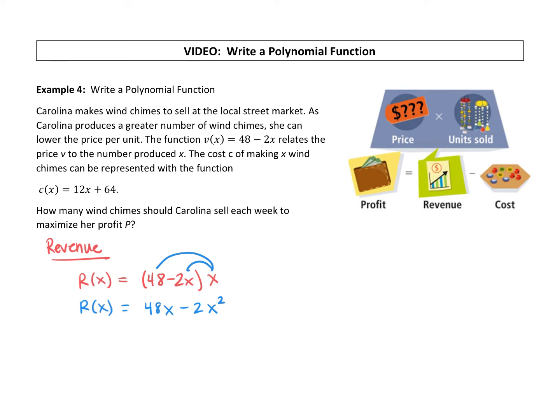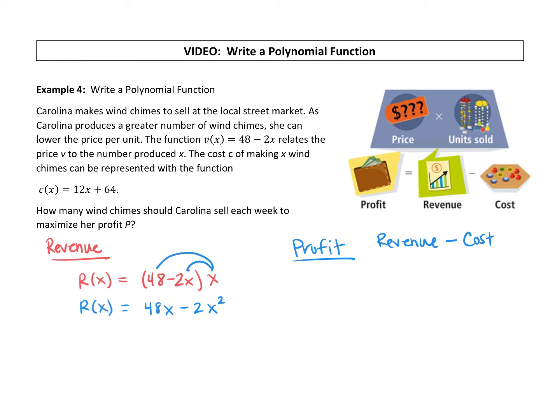So profit is when you take the revenue, the money she brings in, the income, but you have to subtract out her cost. A profit is anything above the cost that you have to put into, in this example, making these wind chimes.